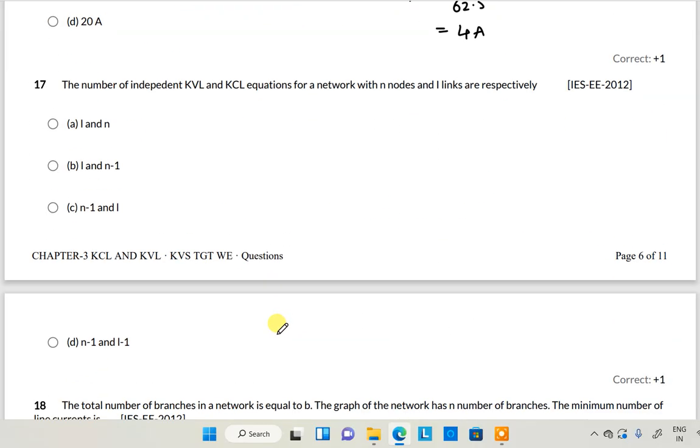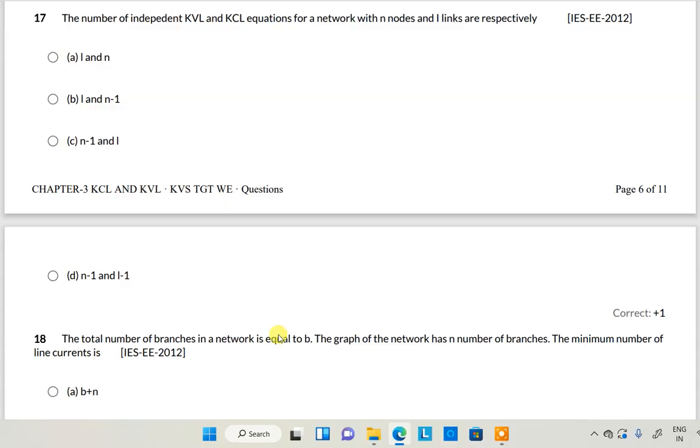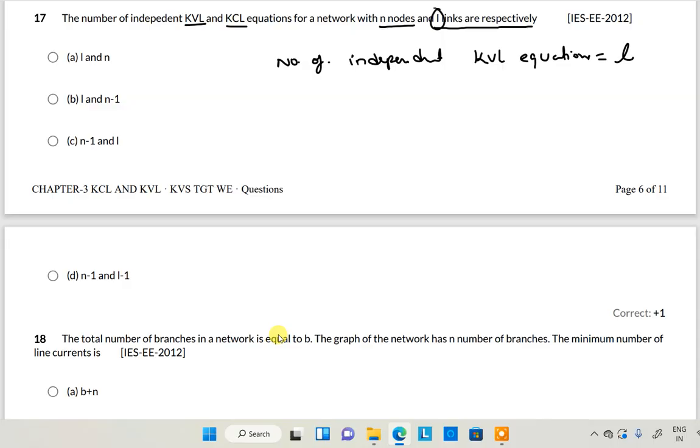Next we are moving to question number 17. In the question number 17, the number of independent KVL and KCL equations for the network with N nodes and L links respectively. So the formula: number of independent KVL equations is equal to L, number of links only.